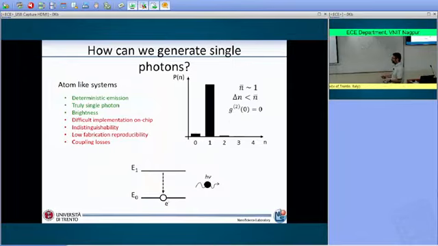A big difficulty is the fact that since they are not integrated in the circuit, you have losses associated to the insertion of those single photons in the circuit. However, people are developing Xanadu, the example of quantum computer I told you about before. So those quantum computers are based on this kind of sources.